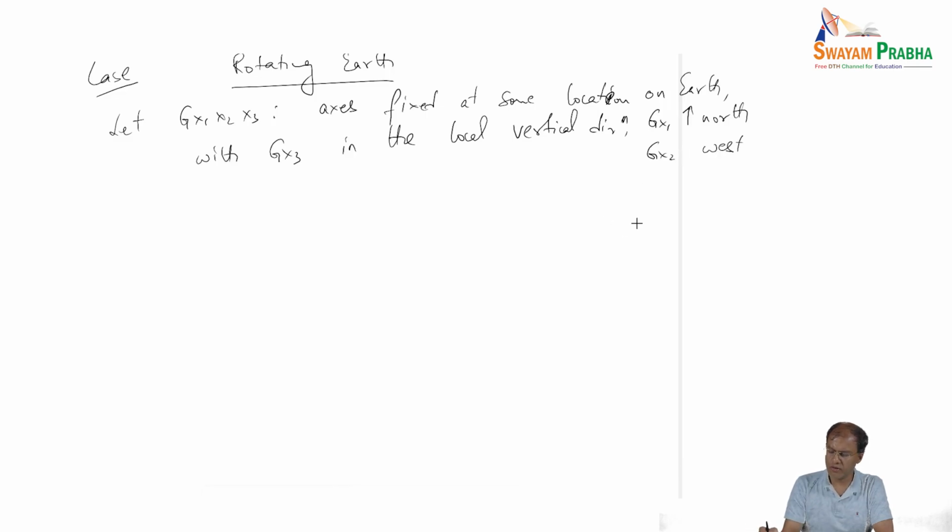So Gx1 north and west means that we have x1 along this direction and x2 along this direction, and so on. So Gx3 is the top vertical.